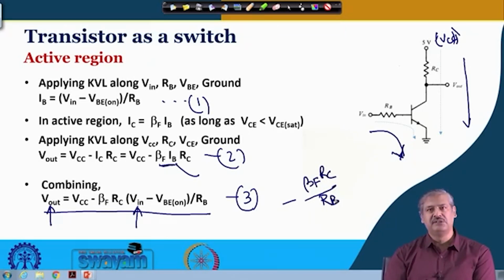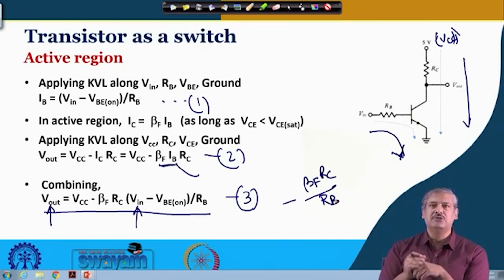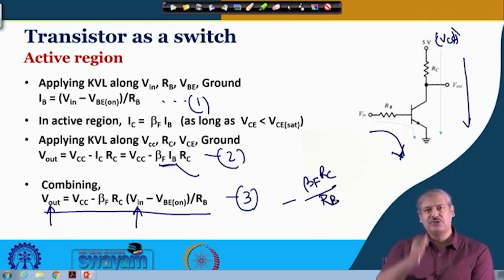So, if we want a faster fall, since the circuit often remains in one of the two stable switch states, that is logic 0 or logic high, you would like to have this transition region, this active region which is also known as transition region, with a width as small as possible. So, we would like to have a faster fall.